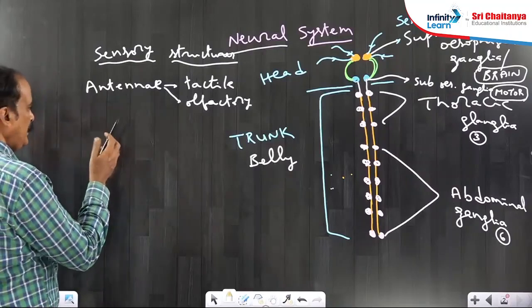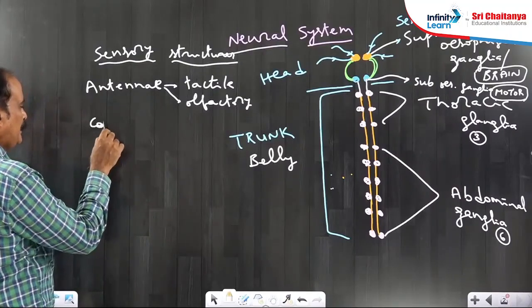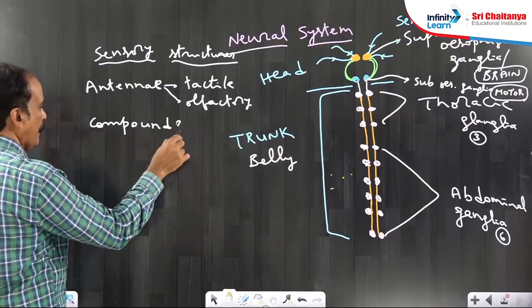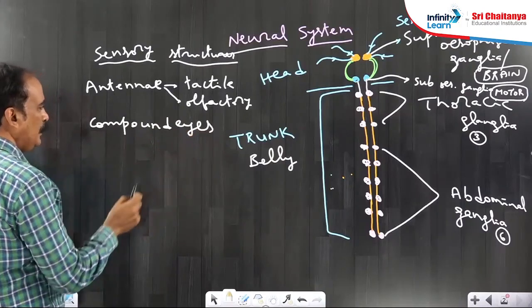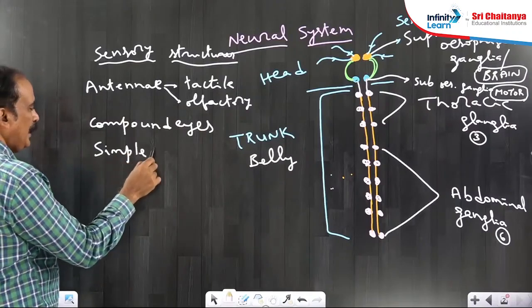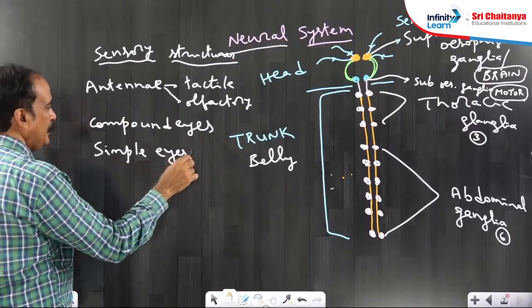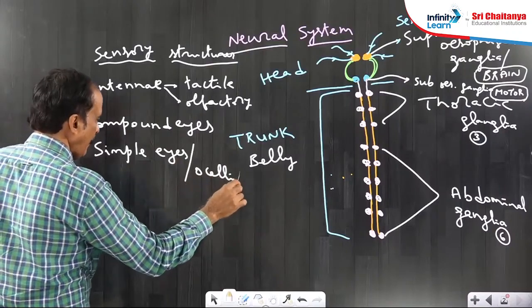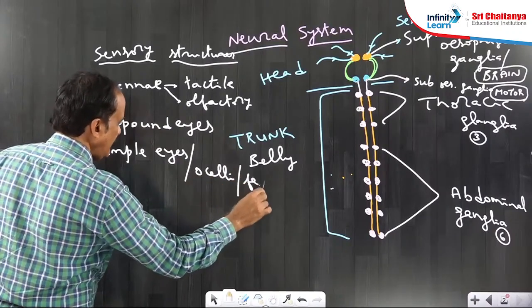Besides this, cockroach has compound eyes. We talk about the compound eyes functioning. Cockroach also has simple eyes called ocelli. They are also called fenestrae.